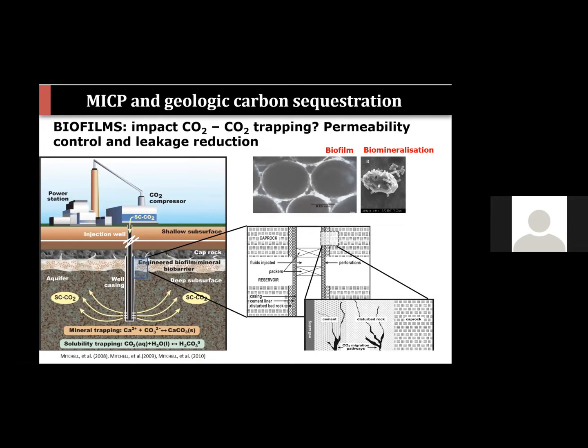Now, this really led on to our interest in using biofilms and ureolytic bacteria as a driver for potential use in geologic carbon storage applications, both for mineralizing CO2 by mineral trapping, okay, as well as actually forming mineral barriers as a way of potentially reducing leakage pathways through the cap rock, but also in the well casings.